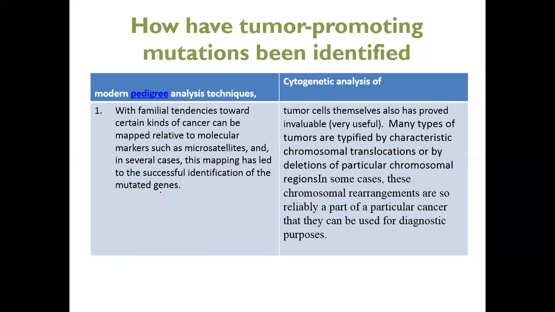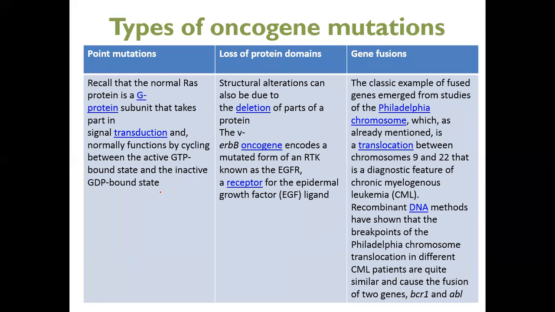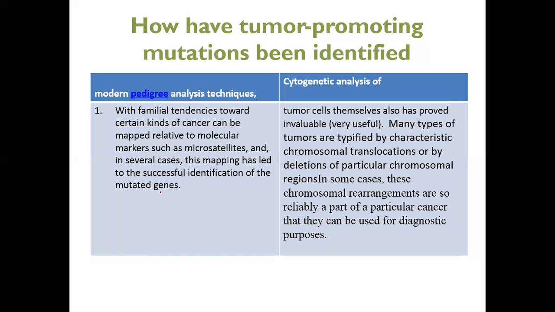In some cases, these chromosomal rearrangements are so reliably a part of a particular cancer that they can be used for diagnostic purposes. We can analyze the tumor cells and karyotype them to find out whether there are deletions or defects in the chromosome. What kind of defects in the chromosome?